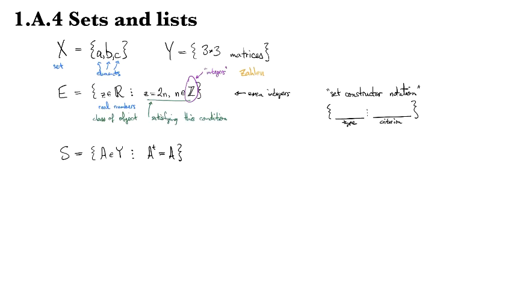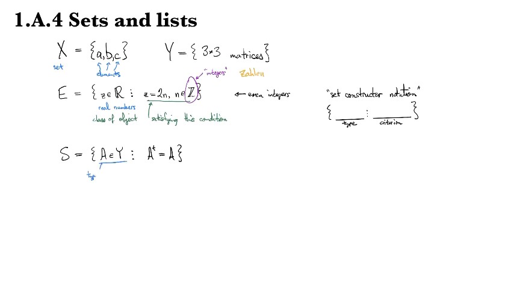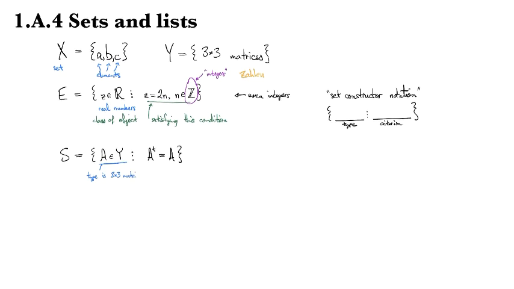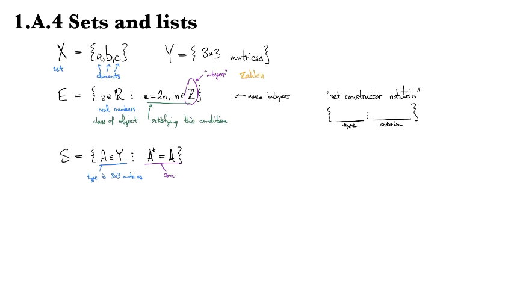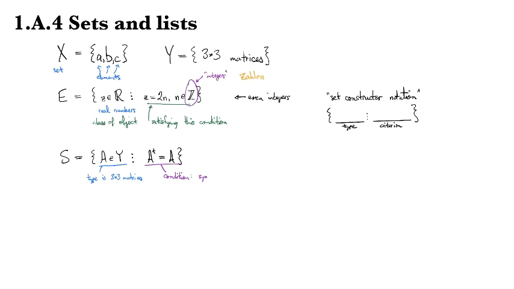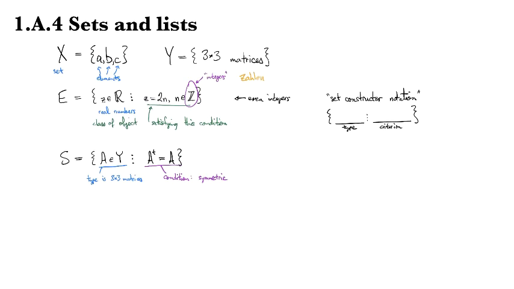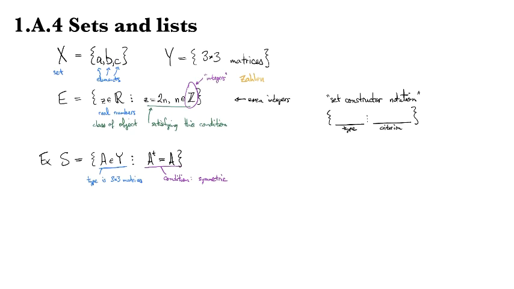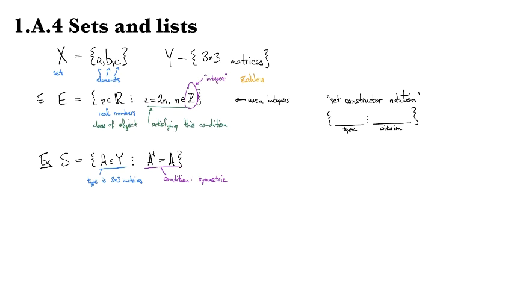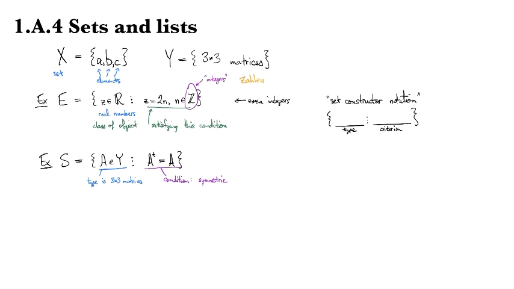And so here we're looking at something where the type is 3x3 matrices, and the condition is that they should be symmetric. Okay, so not all 3x3 matrices, just the symmetric ones. So these are examples of sets.